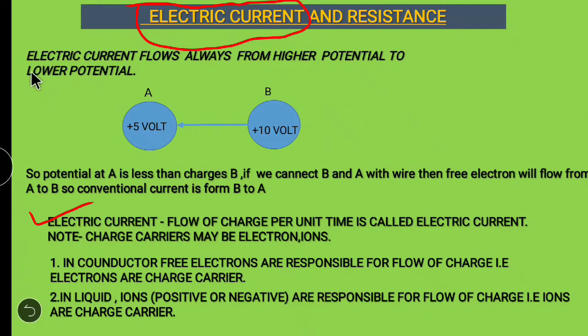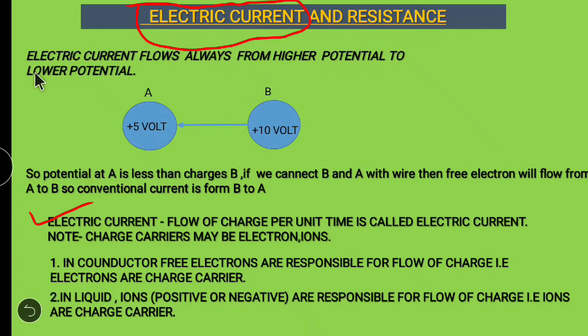Here students, I have mentioned that electric current always flows from higher potential to lower potential. So you will have to keep this in your mind. Students, all types of current, not only electric current, always flow from higher potential to lower potential. Current can be of many types.